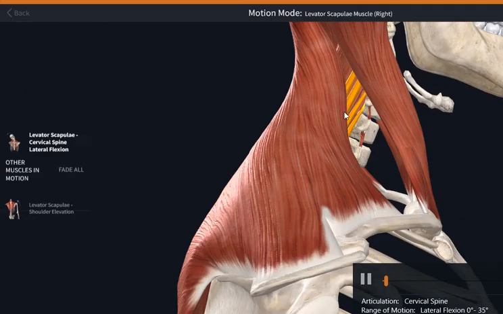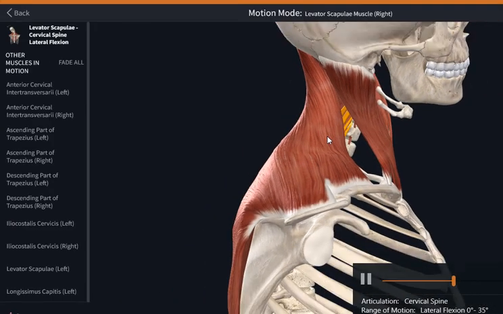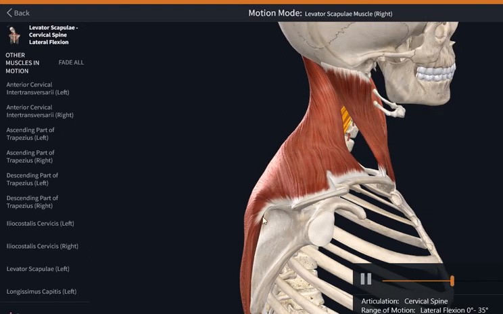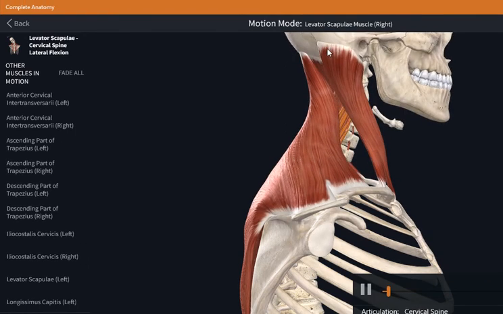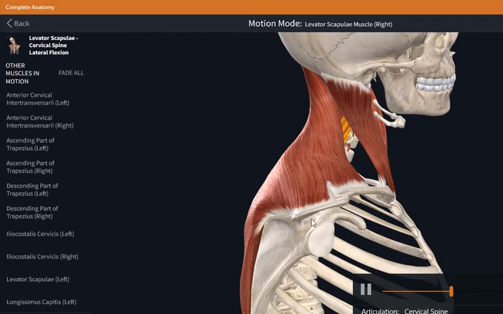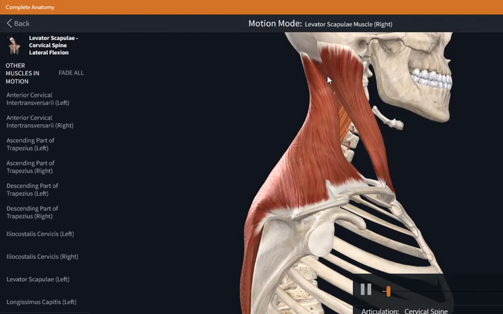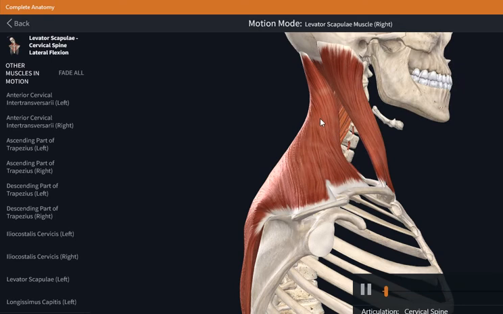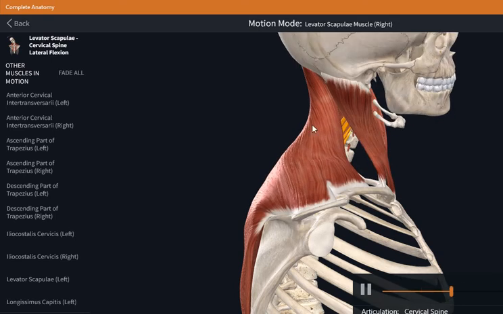If the body is rigid because of other muscle contraction, the levator scapulae is going to pull the neck in this direction and do the first action force.